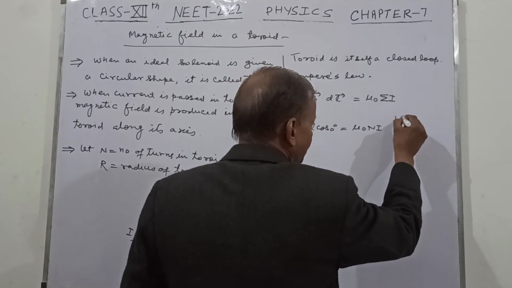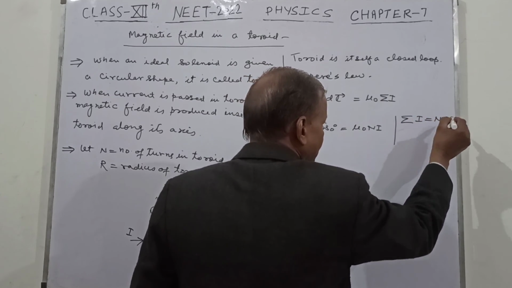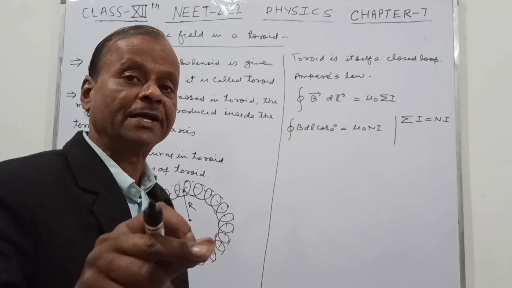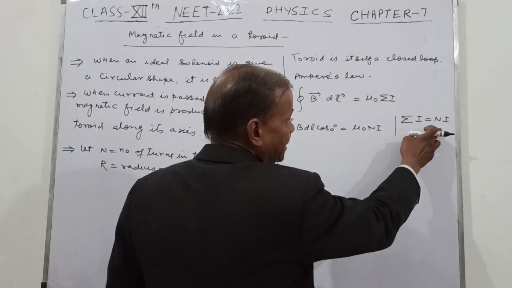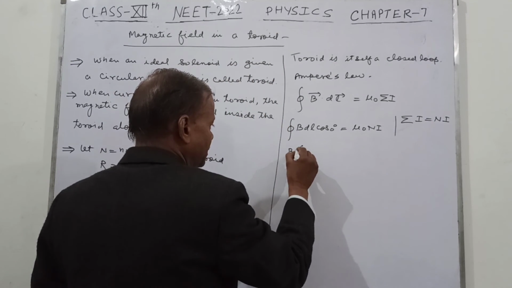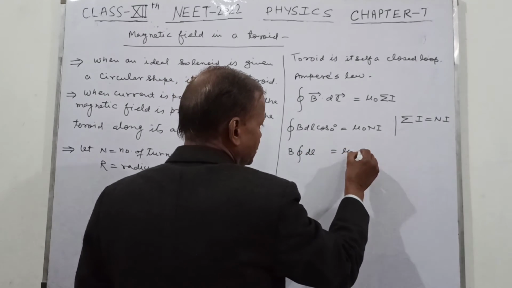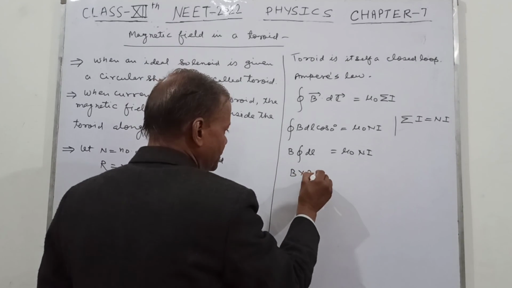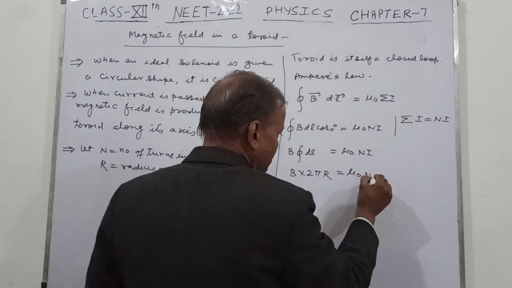What we have is summation I equal to n i. Each turn carries a current I, so n turns will carry the current n i. So this summation I will be replaced by n i, and B integration dl is equal to mu naught n i. So B times 2 pi r equals mu naught n i.